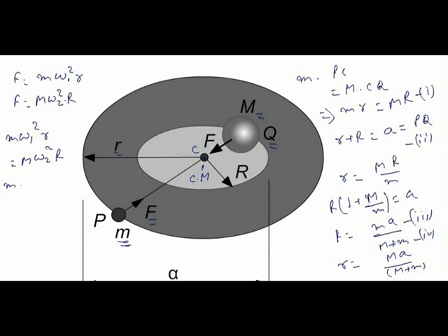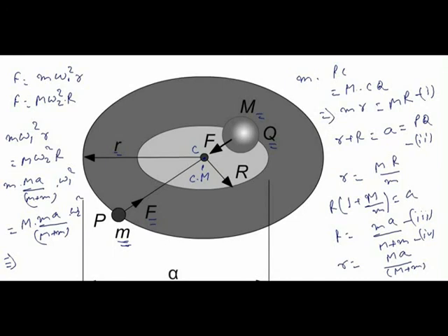So m into small r, that is capital M a by m plus M, into omega 1 square is equal to capital M into capital R, and capital R is m a by m plus M, into omega 2 square.